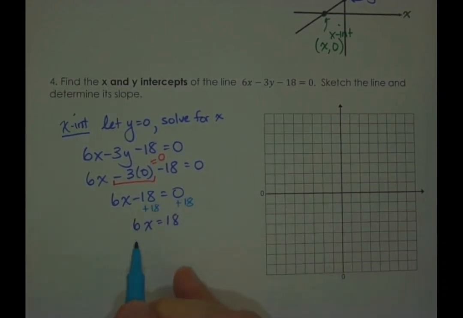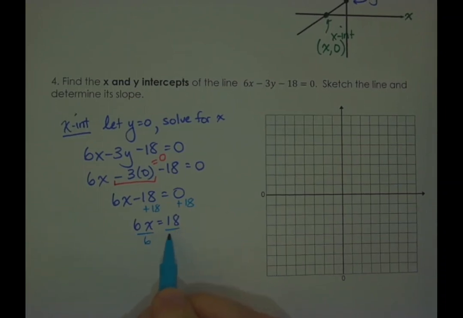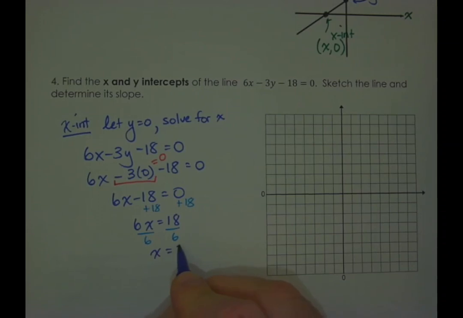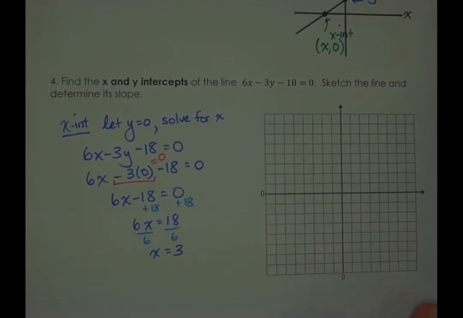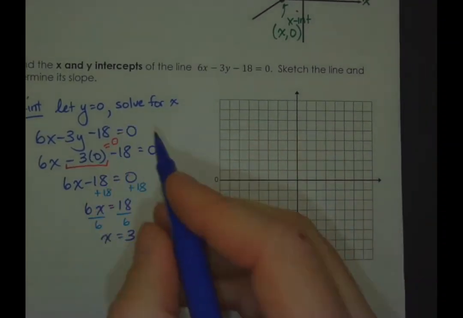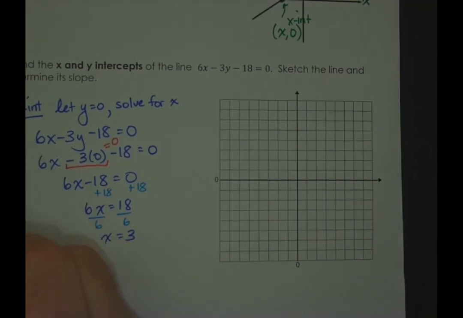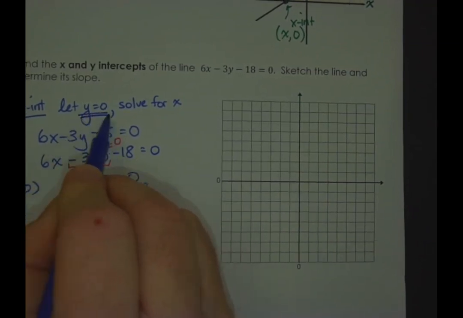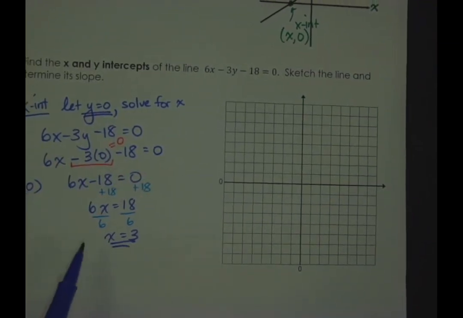And now we want to solve for x. X equals 3. So I know now that my x-intercept has to be 3, comma 0, because our y is 0 and our x is 3.